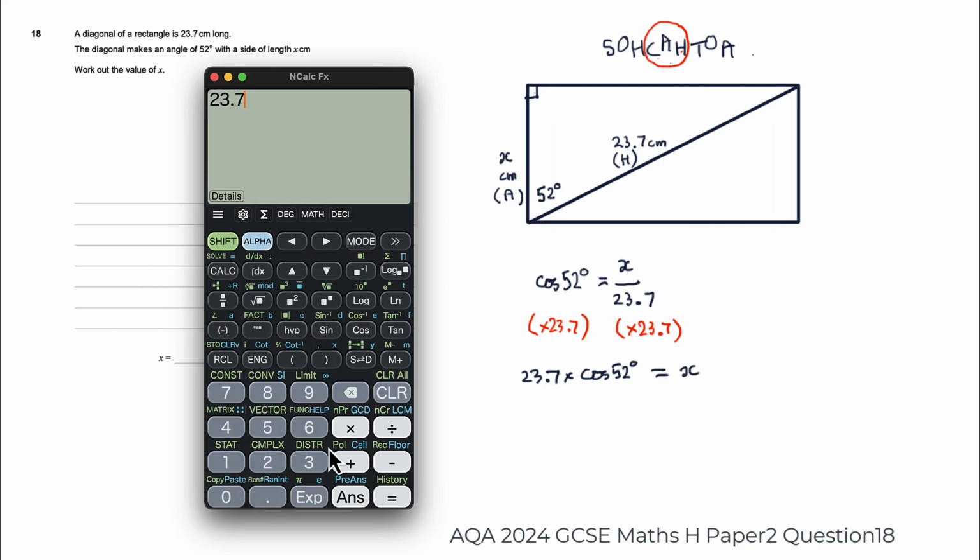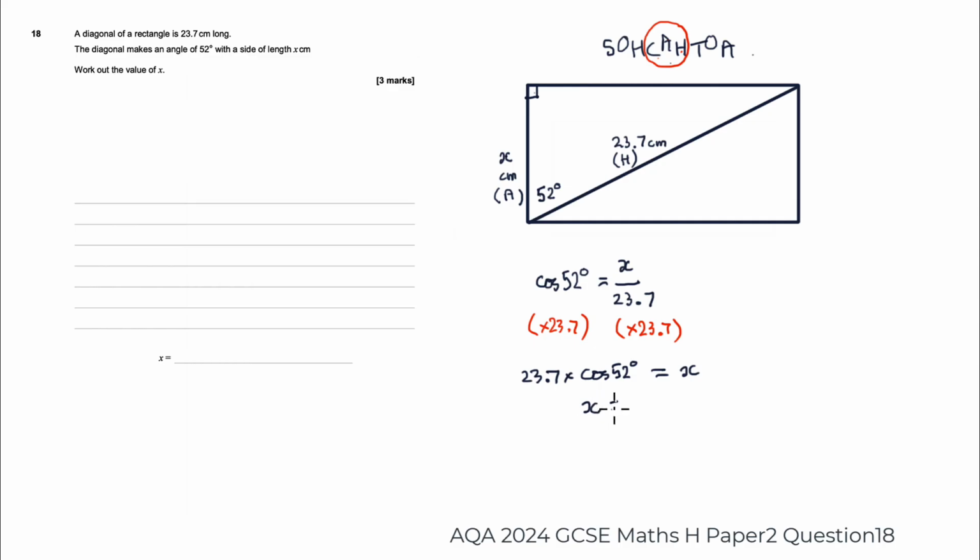23.7 times the cosine of 52. And we know it's in degrees. So there is the value we get. So x is 14.591, etc. So I think we should round that off probably to 3 significant figures.